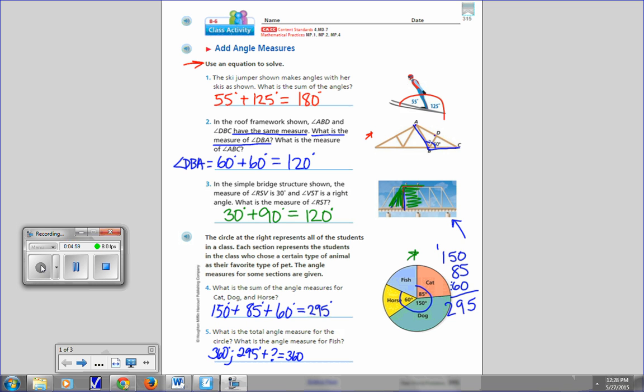Now, in order to figure this out, we have to do the opposite, right? 360 take away 295. That's going to give us fish. How many degrees of fish? Which is going to be 65 degrees. I'm hoping you're seeing that I'm using what I know. I know that from here to here is 295 degrees. I know all the way around the circle is 360.